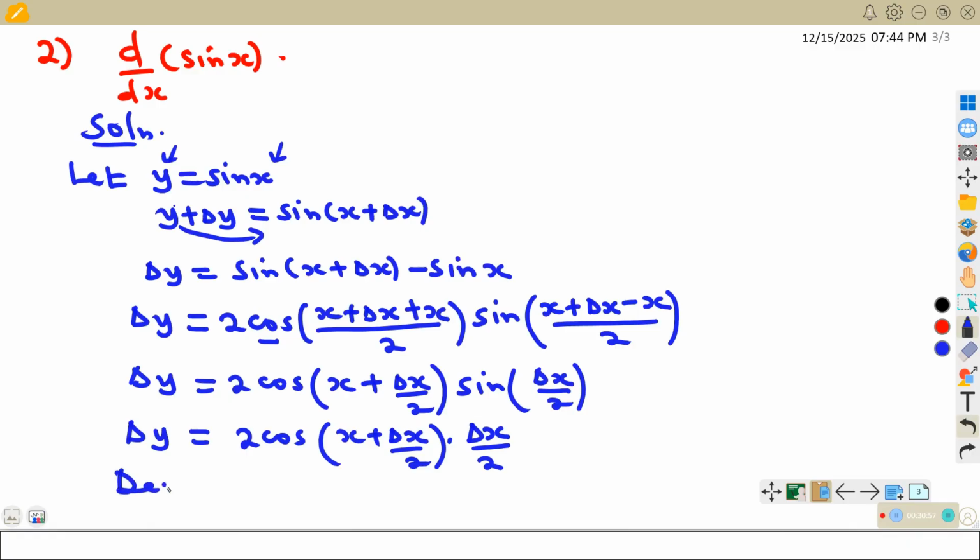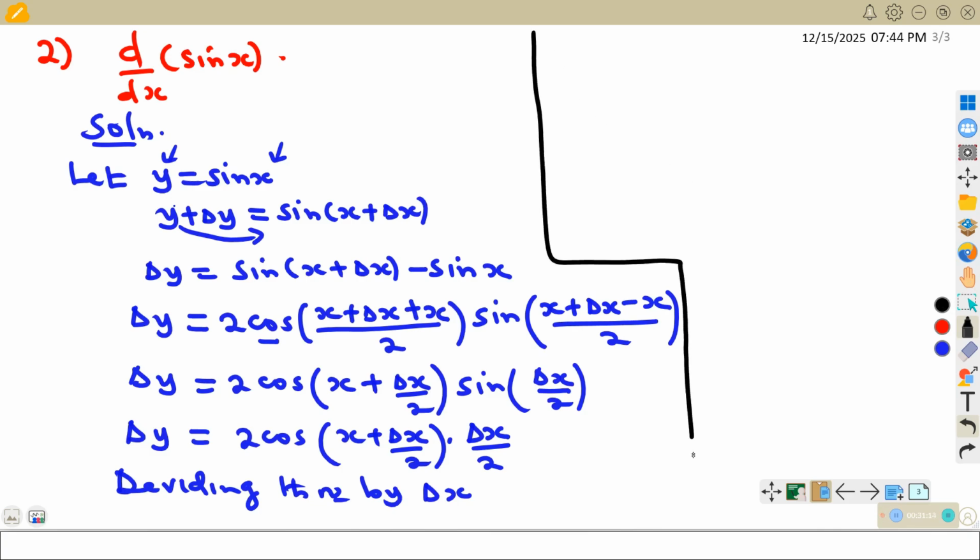So the next step is dividing through by delta x, the changing x. So this will be delta y upon delta x, which is the same as 2 cos of x plus delta x divided by 2, and then times sine of delta x divided by 2, over delta x.